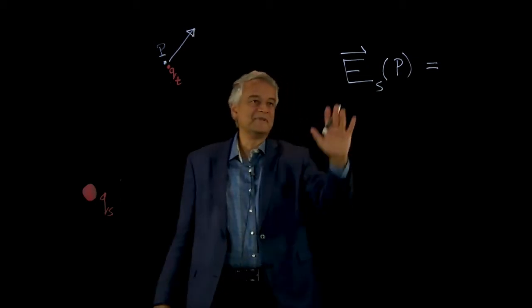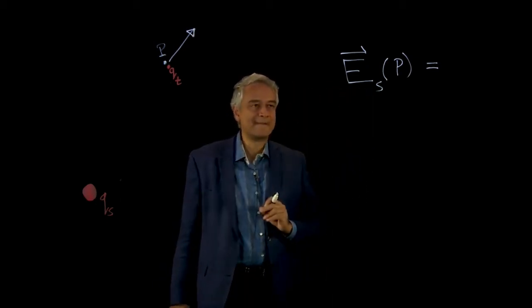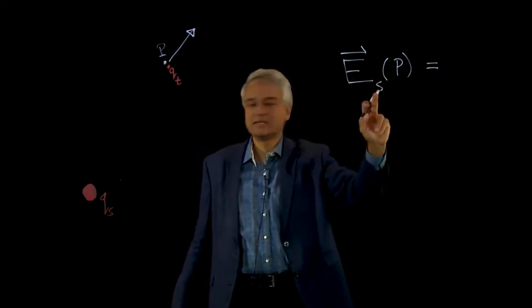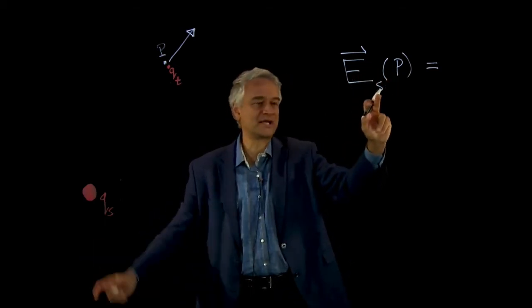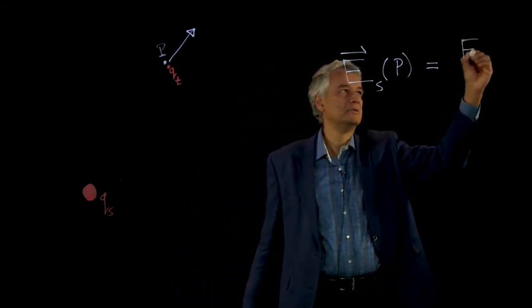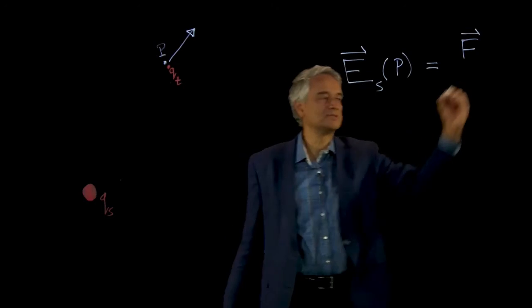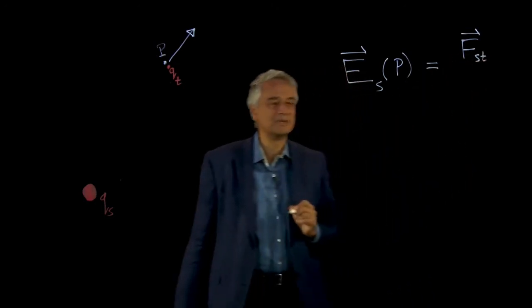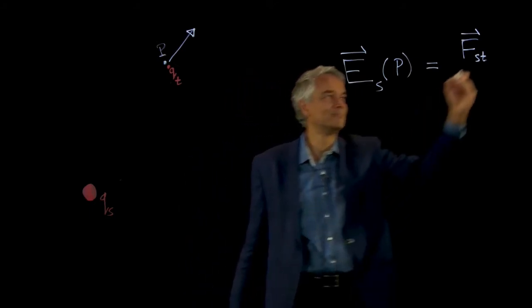And the definition of the electric field is this: the electric field at the point P caused by the source of charge QS is given by that force on the test charge caused by the interaction between the test and the source charge.